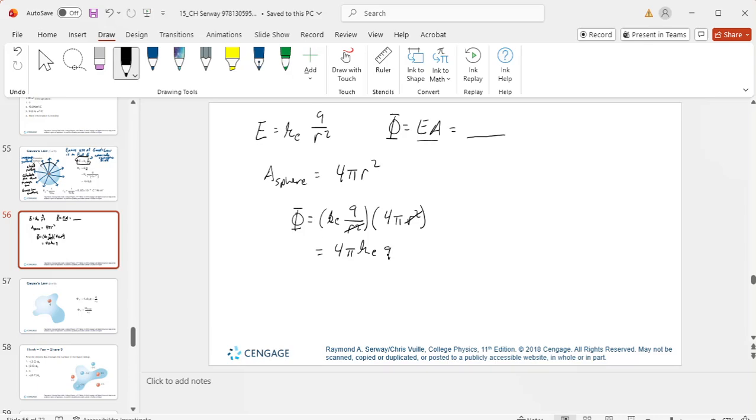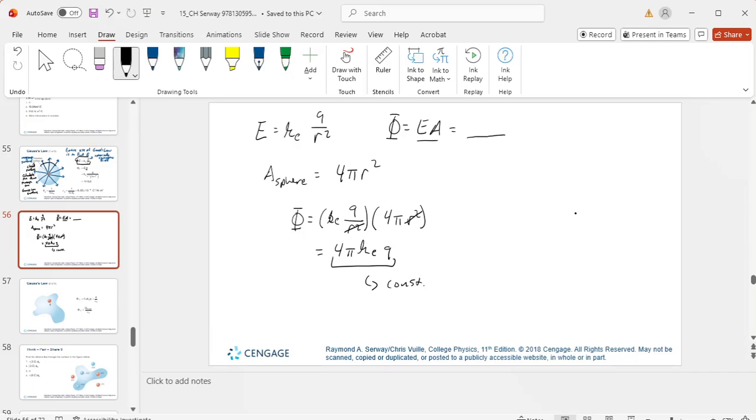Now notice, this is a constant. What that means is, it doesn't matter how big your Gaussian surface is.